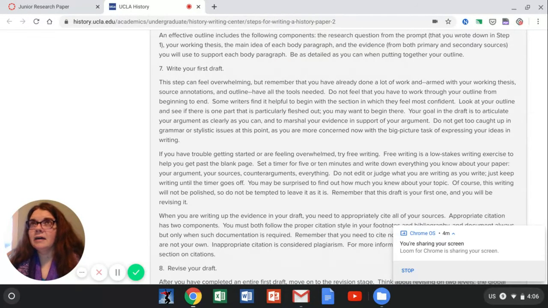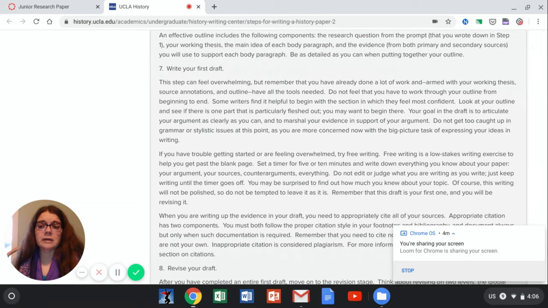So if you at least have your basic structure in mind, I would probably suggest, if you do feel overwhelmed by the idea of starting with the introduction, just diving into your first body paragraph or whatever body paragraph you feel the most comfortable with.